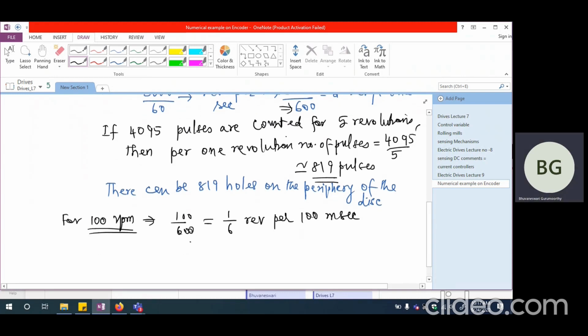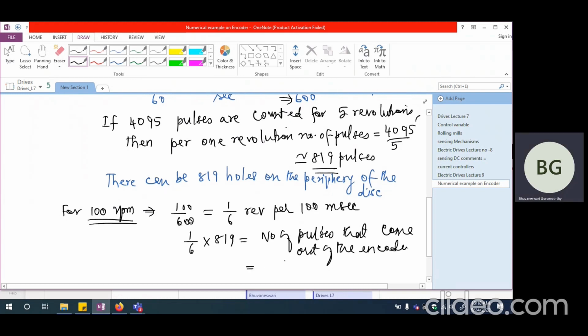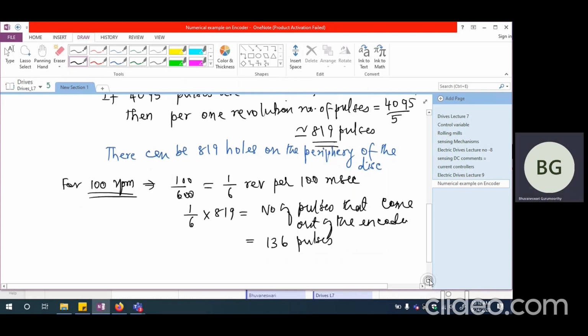So I should be able to say 1 by 6 multiplied by 819 is going to be the number of pulses that come out of the encoder. So that corresponds to 819 divided by 6, which will be approximately 136 pulses that will come out for 100 RPM.